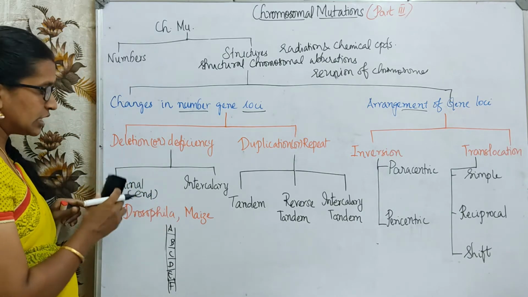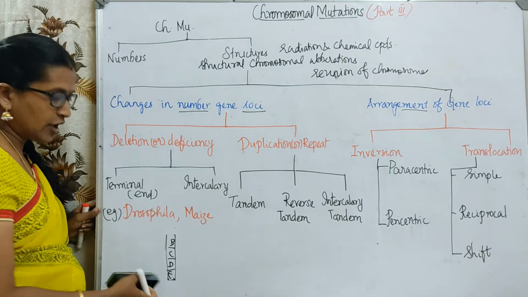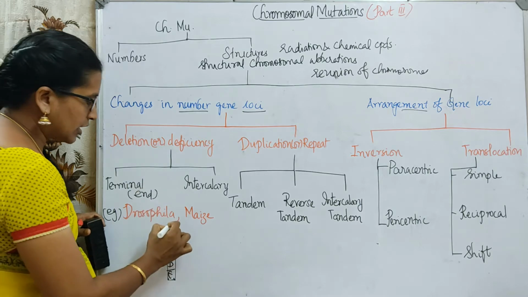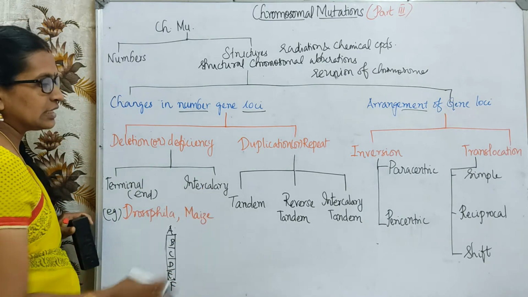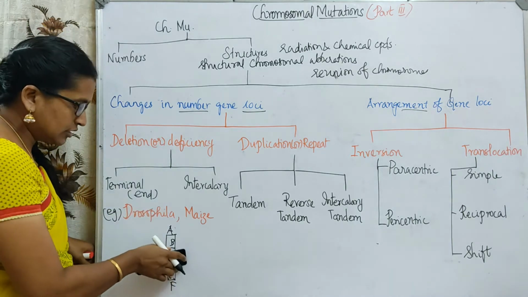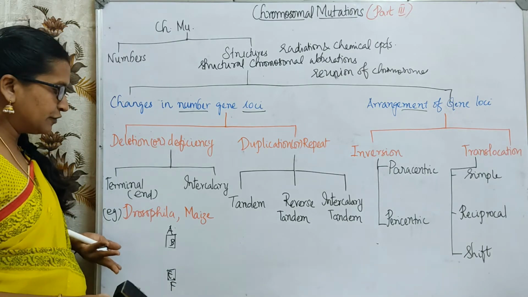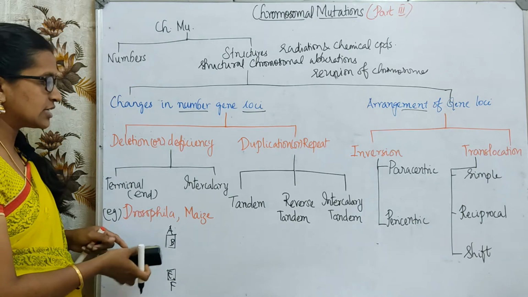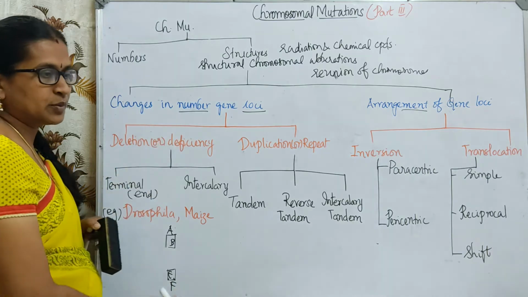So A may get deleted or F may get deleted. This is called a terminal deletion. What is intercalary? Intercalary means the middle, for example C or D. If the deletion happens in the middle, we call it an intercalary mutation. I think it is simple and clear.